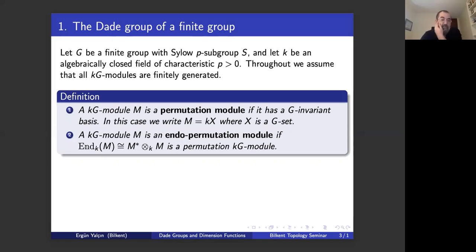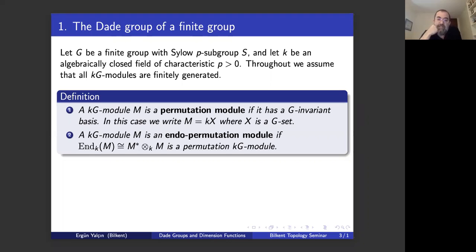A KG module is called a permutation module if it has a G-invariant basis. If you take X as this G-invariant basis, which is a G-set, it's common to denote these permutation modules as KX. G permutes X, and you have a vector space with basis X.